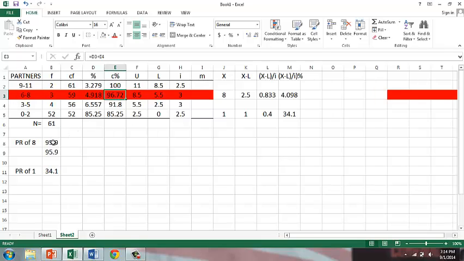We came up with an answer of 95.9%. And you will notice that is slightly below the cumulative percentage for the interval as a whole, but higher than the cumulative percentage for the 3 to 5 interval. A percentile rank should always fall between the cumulative percentage of the critical interval and the cumulative percentage of the interval below it.